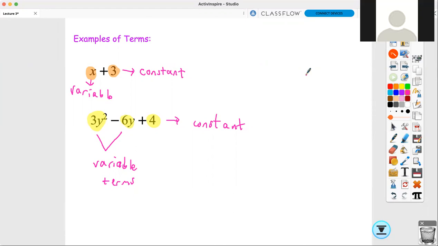The reason we're exposing ourselves to the different terminologies of expressions is because of the next component of the lesson.